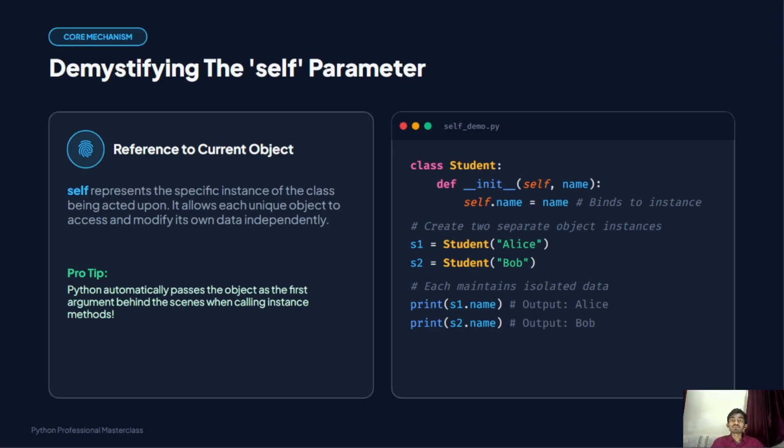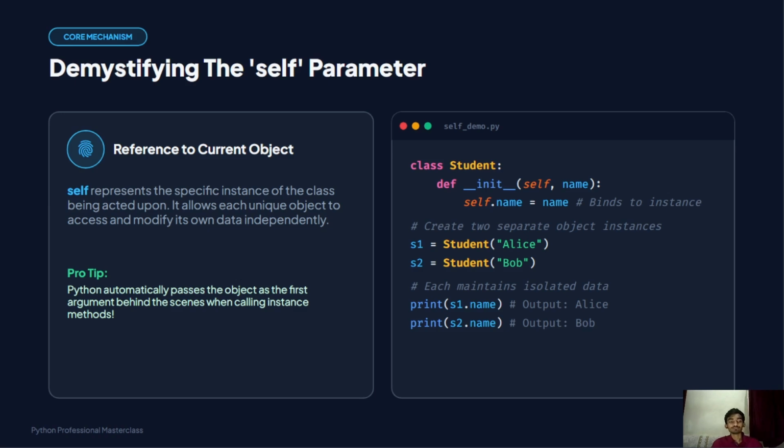Let's understand the most confusing topic for beginners, the self parameter. Many students think self is a keyword, but it's actually just a variable name. Its purpose is very simple. It refers to the current object. Whenever Python calls an instance method, it automatically sends the object itself as an argument.